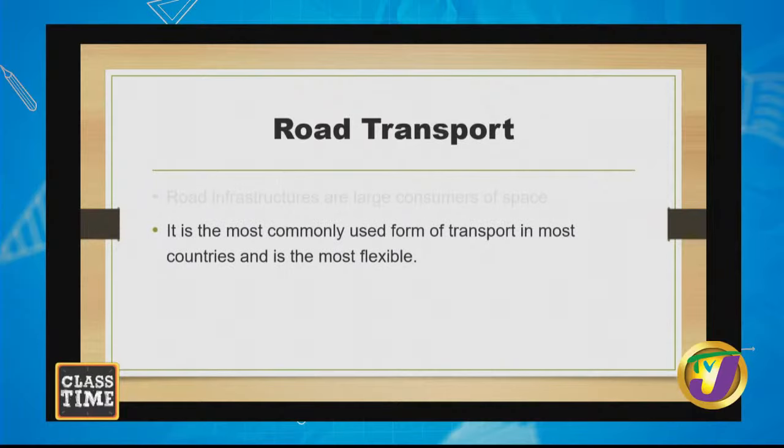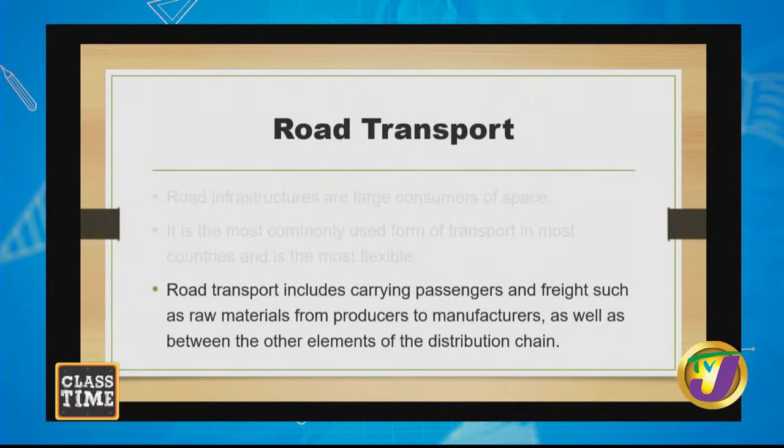It is the most commonly used form of transport, not only in Jamaica, but in most countries, and it is considered the most flexible form of transport. Road transport includes carrying passengers and freight, such as raw materials, as we mentioned earlier, from producers to manufacturers, as well as between the other elements of the distribution chain, wholesaler, retailer, to the final consumer.